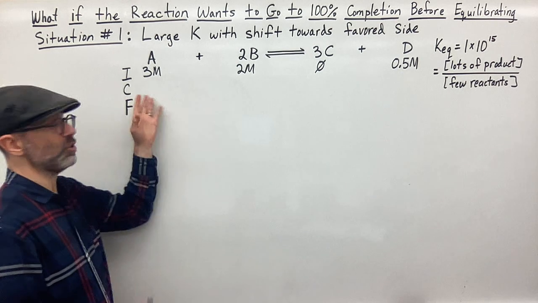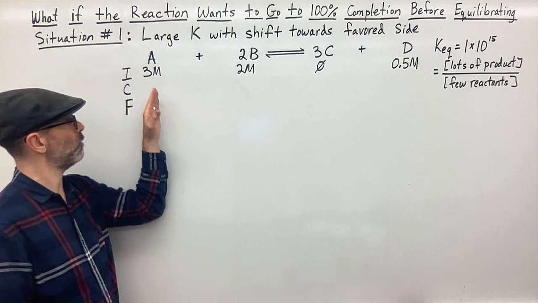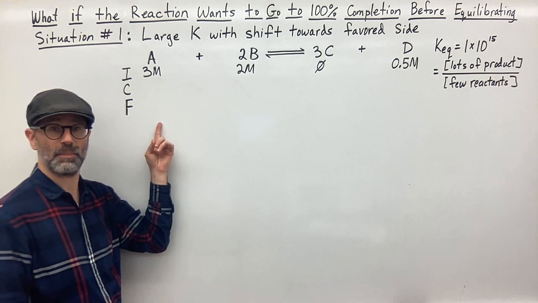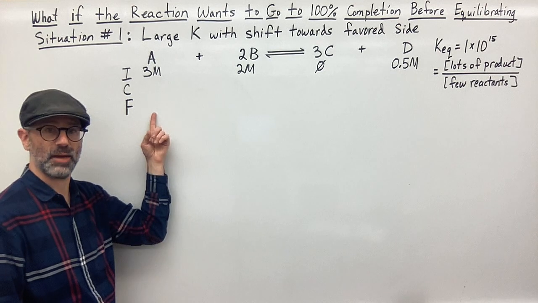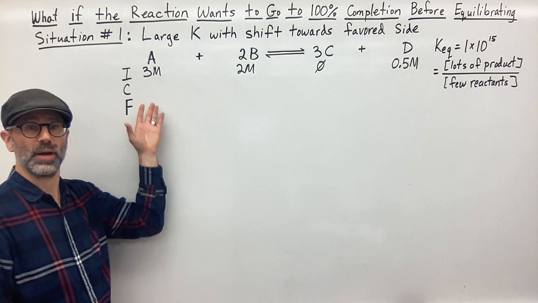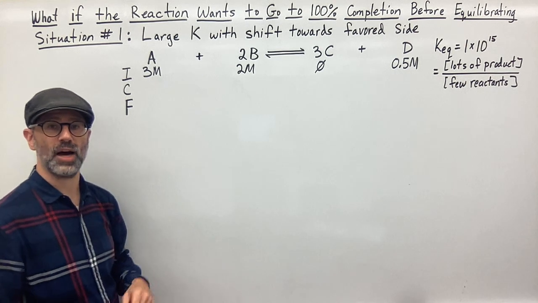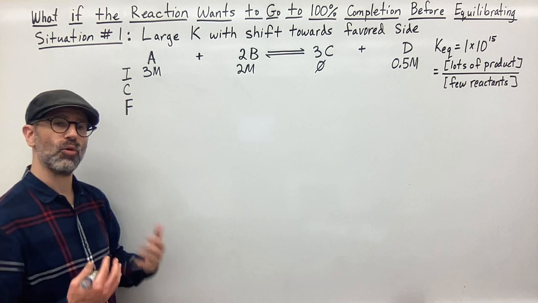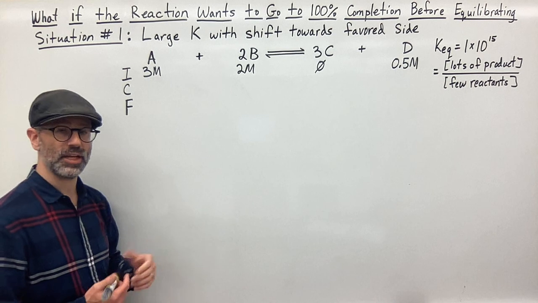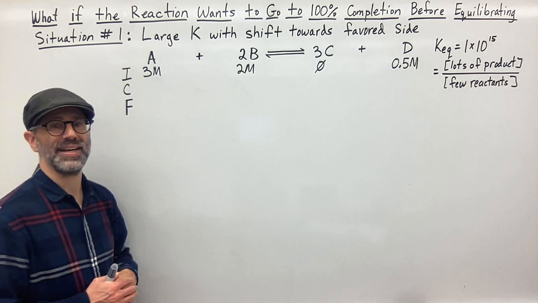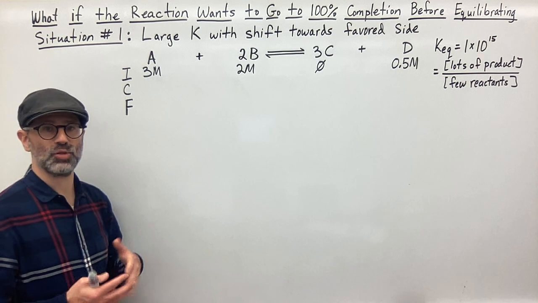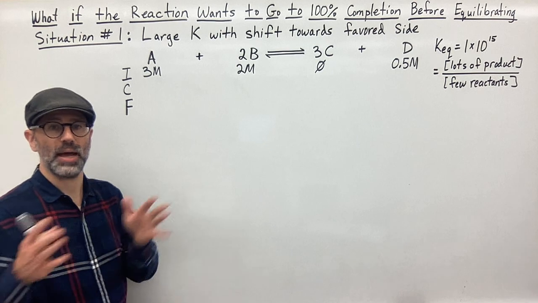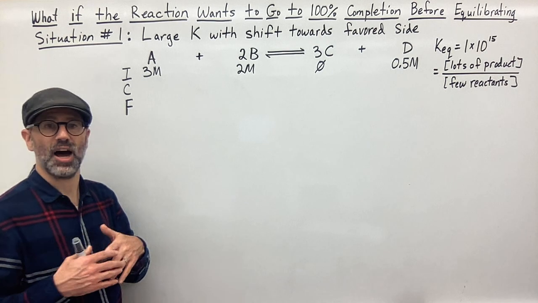So the first thing I want to say is that when you do a stoichiometry table or an ICF table, whenever you do stoichiometry, you want to do it in moles, not molarity. The only time you can do it in molarity is under special circumstances where moles and molarity are going to be used in the same way.